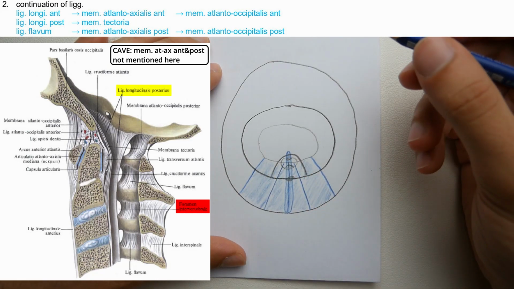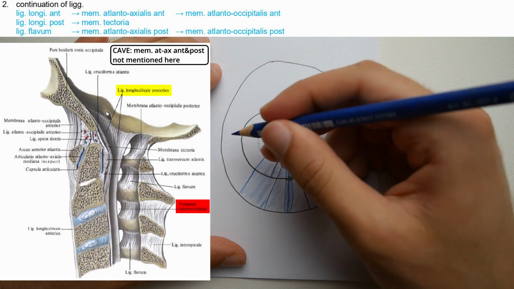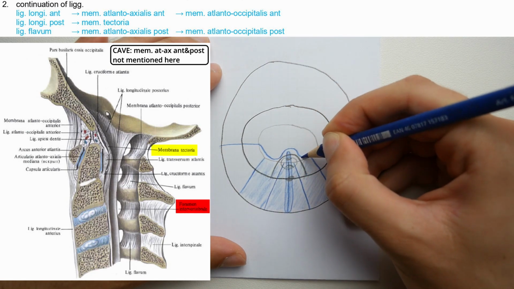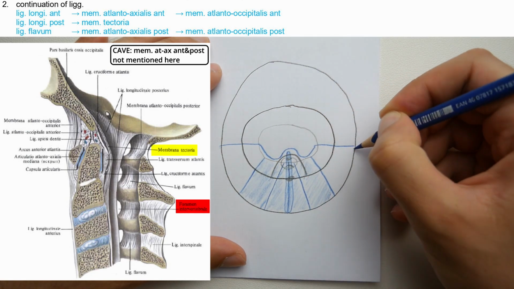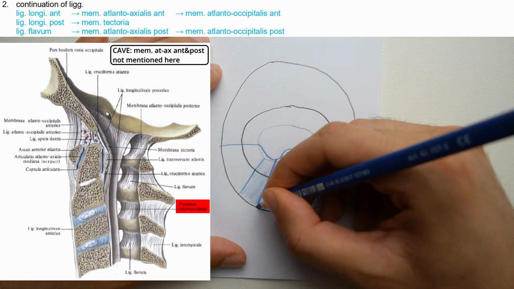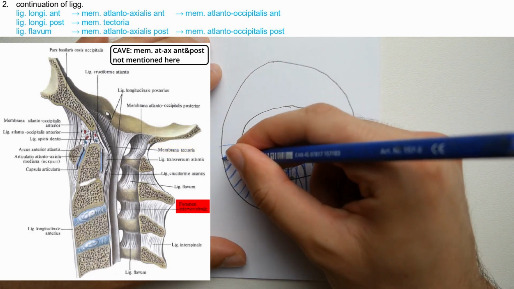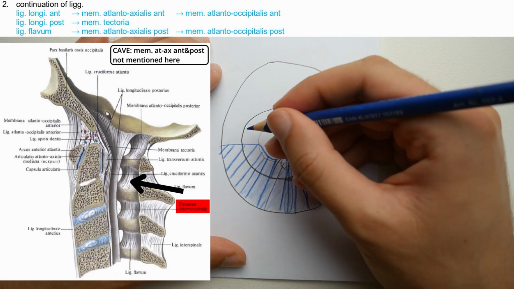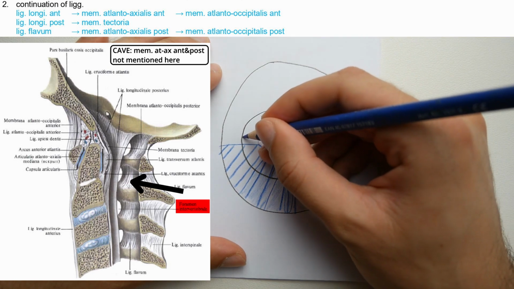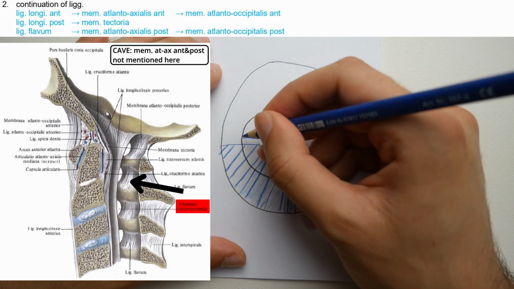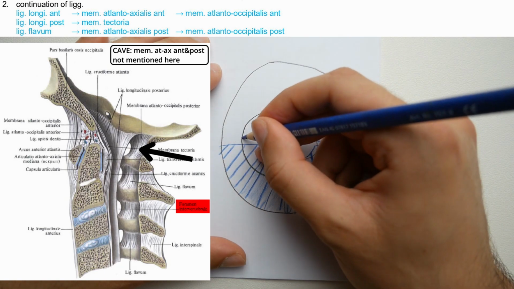The ligamentum longitudinale posterior continues as membrana tectoria, which ends at the foramen magnum semicircularly around the ventral half of it. And the ligamentum flavum continues as membrana atlantoaxialis posterior and atlantooccipitalis posterior.